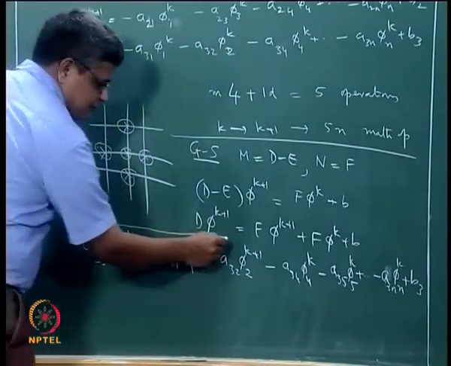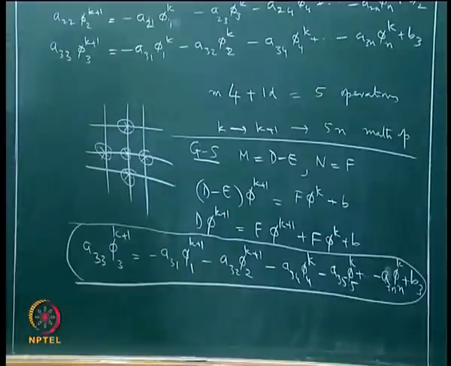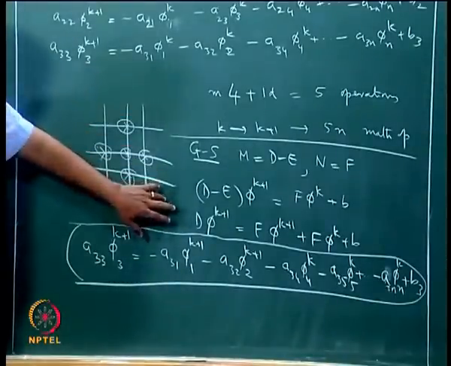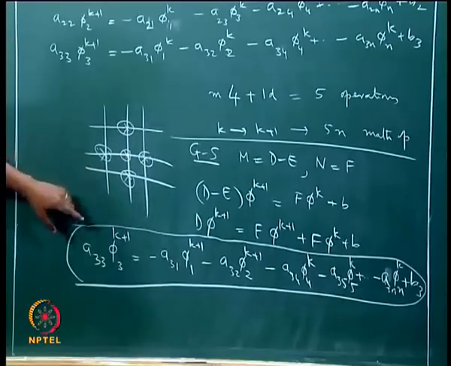So the implementation of the Gauss-Seidel method and the Jacobi method look very similar.